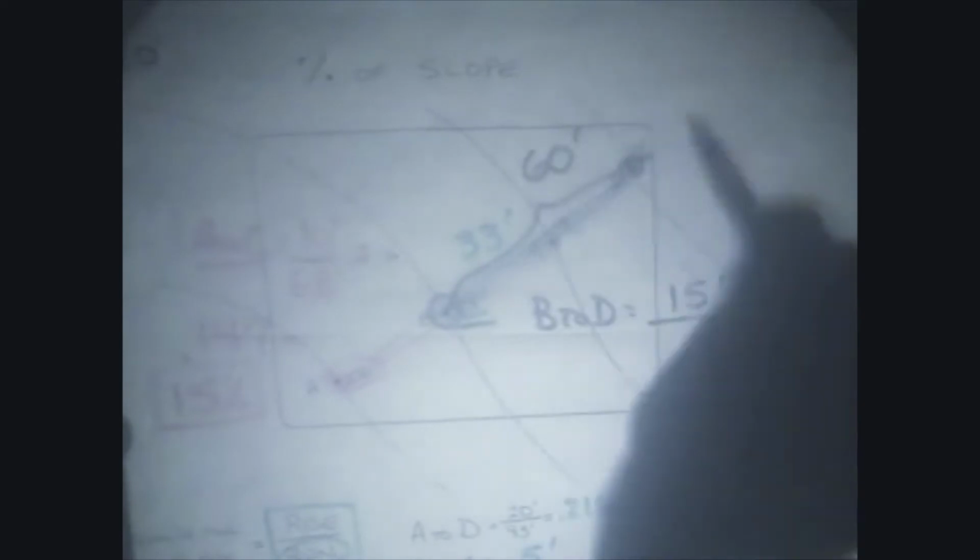Our run is going to be from point B to point D, a measurement. So with your 1 to 20 scale, put your 0 on point B and measure over to point D. And you should get approximately from point B to point D a 60-foot run.